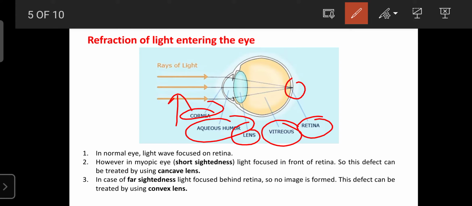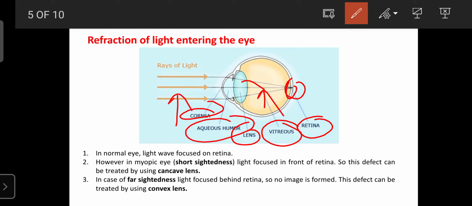So when the parallel light passes, the light is bent at each step as it passes through the cornea, aqueous humor, lens and vitreous, and only then the image forms correctly on the retina. That bending phenomenon during the passing of light is known as the refraction of light.